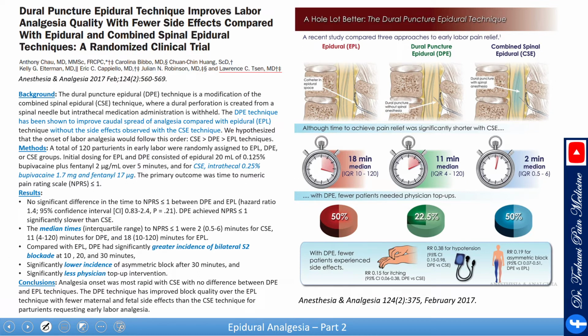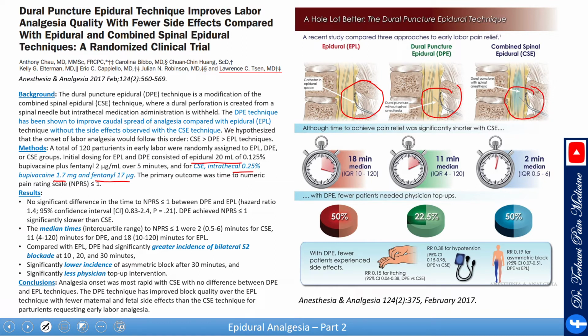Notice here, they gave 20 mL in the epidural space of bupivacaine and fentanyl over 5 minutes, and in the combined spinal epidural, they gave an intrathecal dose of bupivacaine 1.7 mg and fentanyl 17 mcg. The primary outcome was time to a numeric pain rating scale of less than 1. So what they found, and this is an illustration to show you the difference of the techniques.